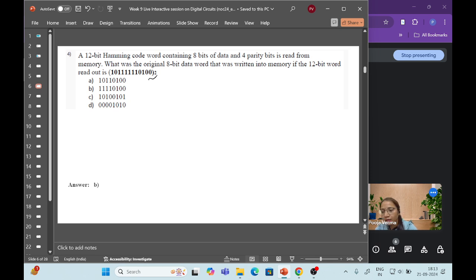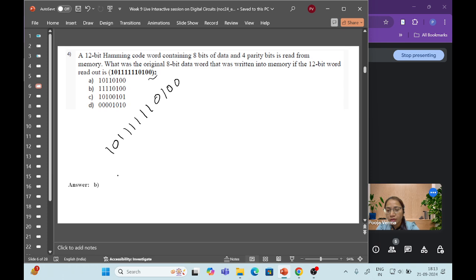So the 12-bit data is given as 1 0 1 1 1 1 1 0 0 1 0 0. As we already know, there are 8 data bits and 4 parity bits. At which positions are the parity bits placed?